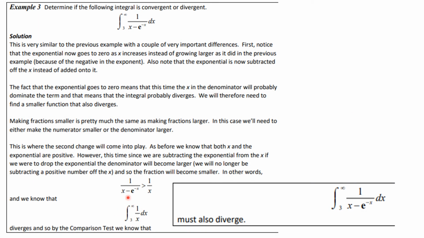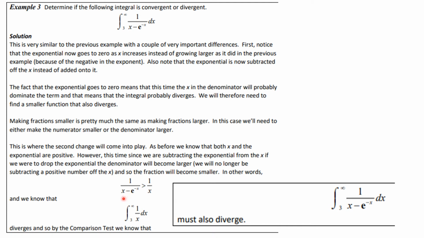All right, now here, 1 over e to the x is positive. So we're subtracting something positive from the value of x. So we're making the denominator smaller. That makes the fraction bigger.